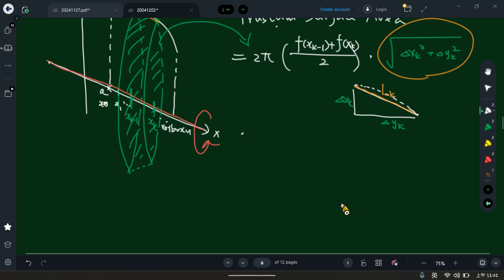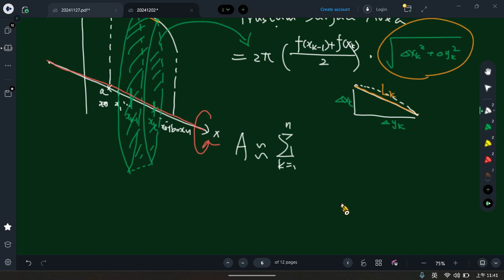So finally, if we want to get all of the surfaces and then sum them together, we can get almost equal to this one, times this one.